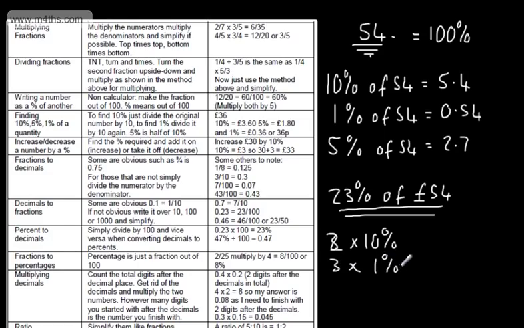So if I do 2 lots of 10%, that's going to give me 10.8. If I do 3 lots of 1%, that's going to give me 1.62. So all I'm doing is working this out, and we can go ahead and add those. So what does that look like? £12.42.